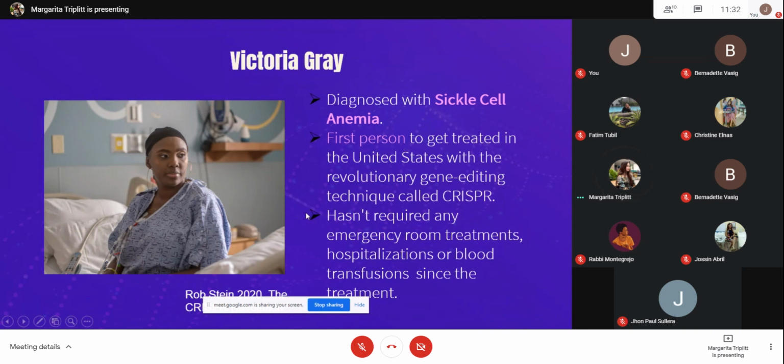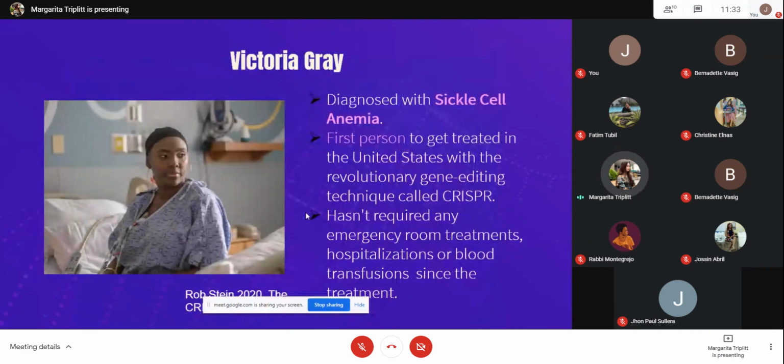In this situation, Victoria Gray indeed developed the desired mutation, and she has also gained an advantage from CRISPR-Cas9 since she hasn't required any emergency room treatments, hospitalizations or blood transfusions after the treatment, which is a very good thing for CRISPR-Cas9 in its emergence in genome editing.